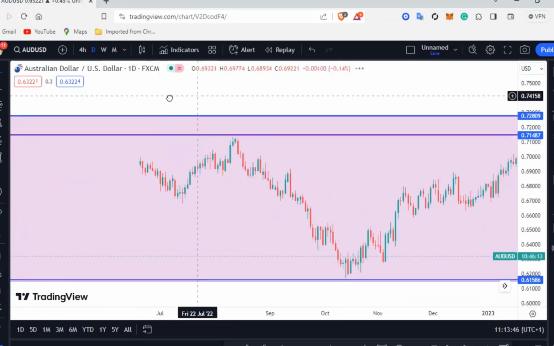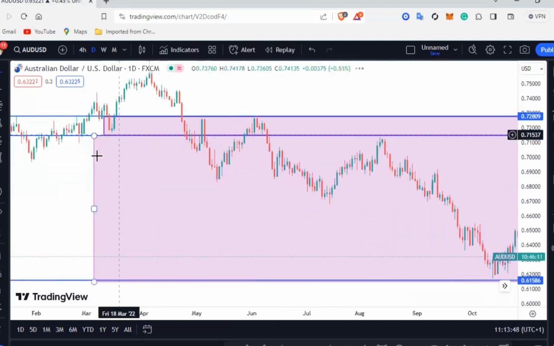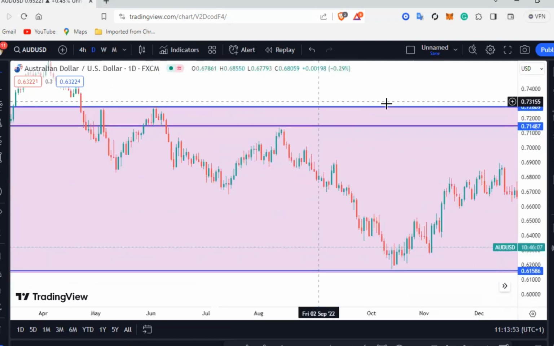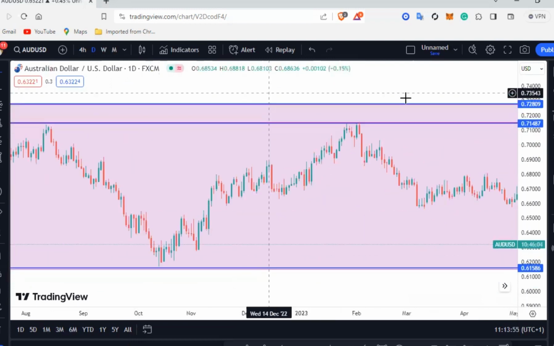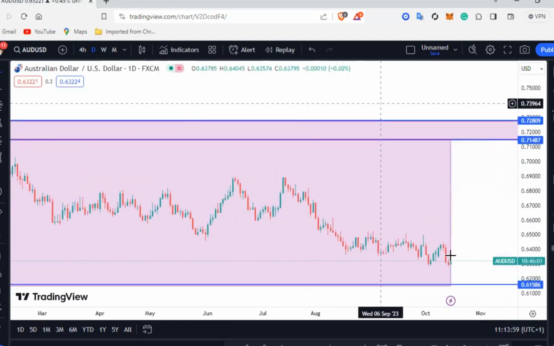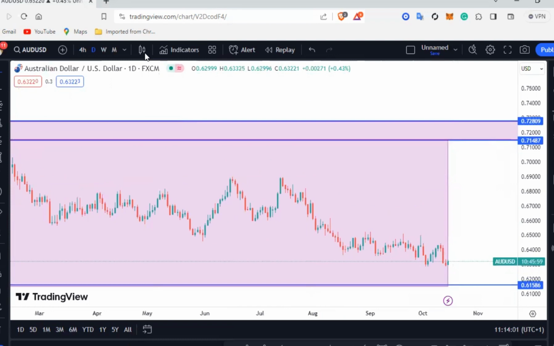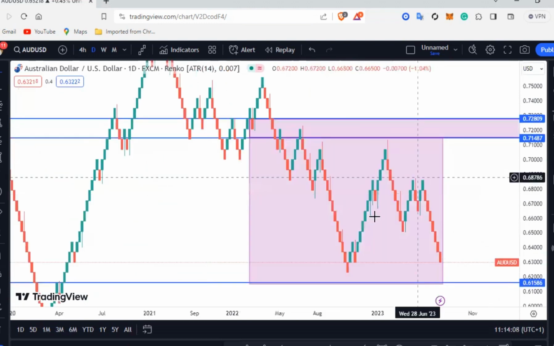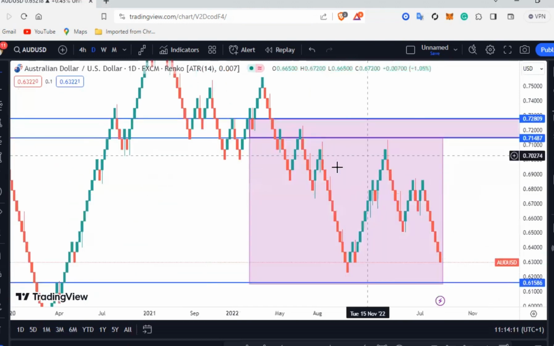You can see how long it is, all the way from this level down to this other side that I just showed to you. It's over the course of a year. It's more than a year, but on the Renko bars, it's just highlighting it for us as if it's just a few days, right? Can you see it?